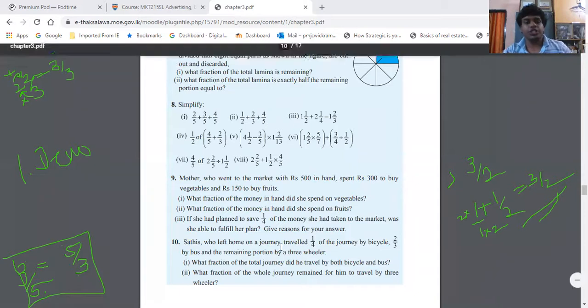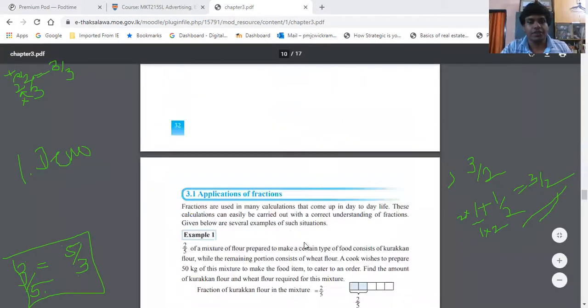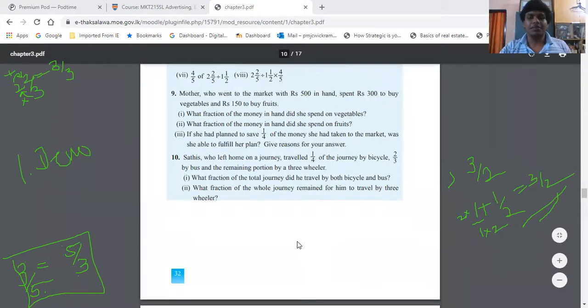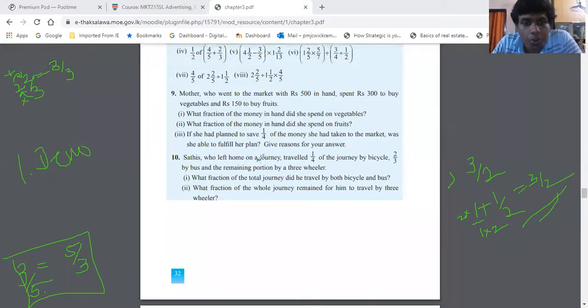Okay, so after that we had the tens sum. We'll do the tens sum too. Satish, who left home on a journey, traveled 1/4 of the journey by bicycle, 2/3 by bus, and the remaining portion by a 3-wheeler.